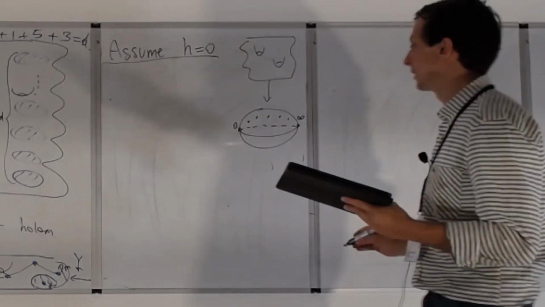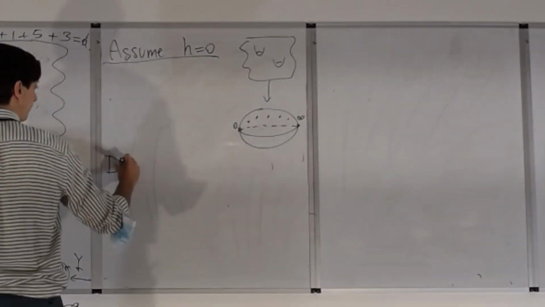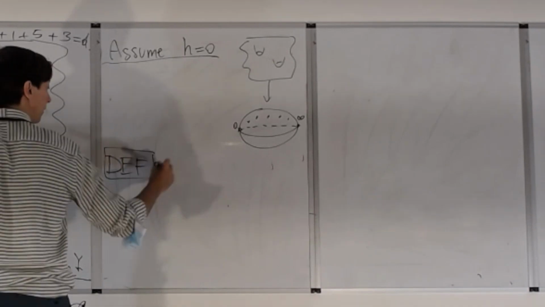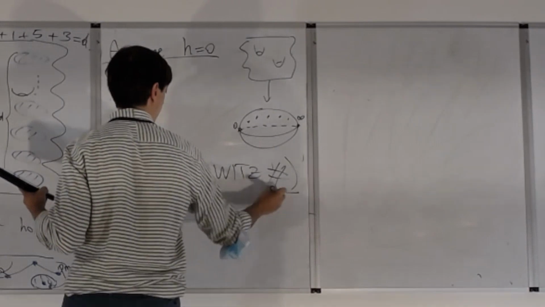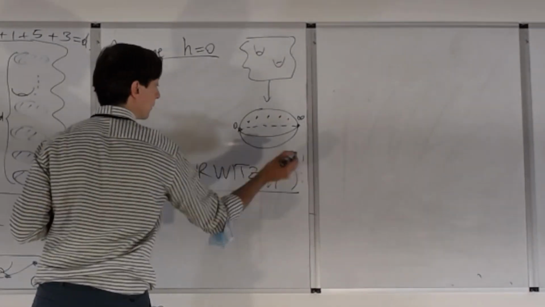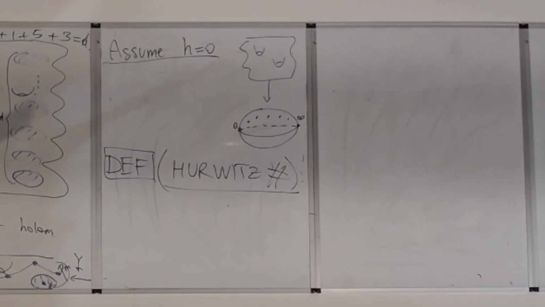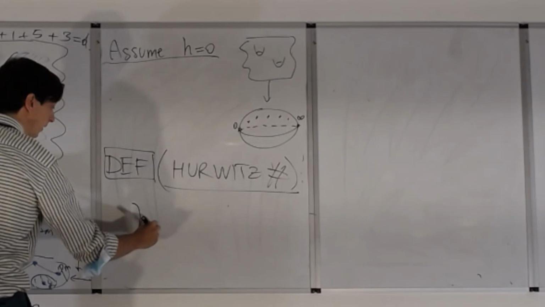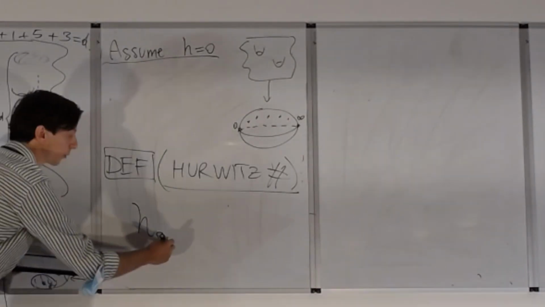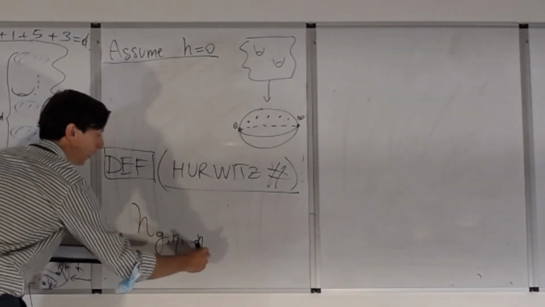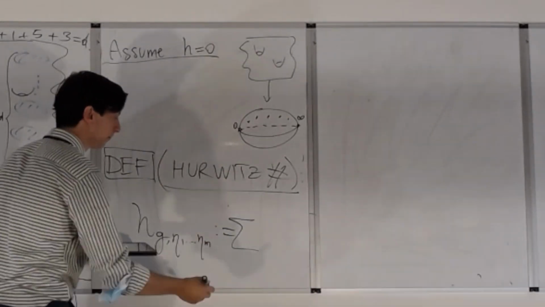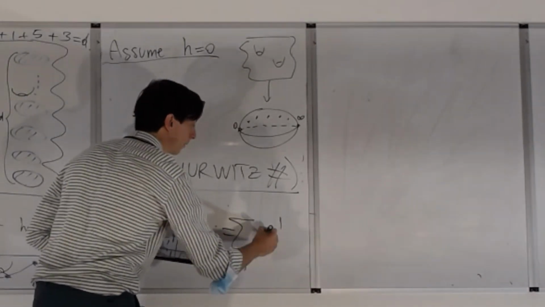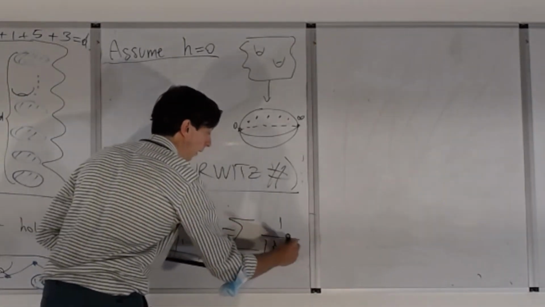And then finally, we can define Hurwitz numbers. Maybe I didn't have to prove Riemann-Hurwitz, but it was fun. We will do a little bit less. Okay, so H, depending on the genus g and also all these partitions eta 1, ..., eta m, is defined to be the sum over all f of 1 over the automorphism of f.